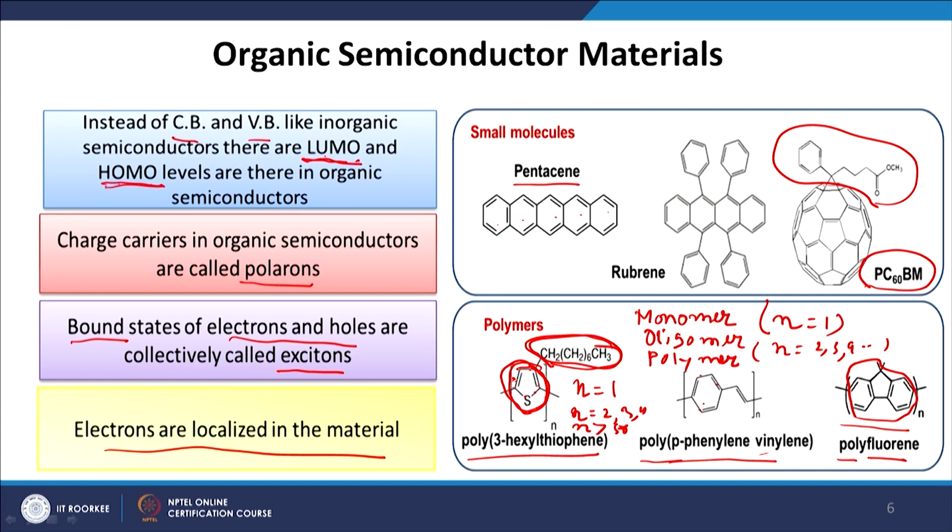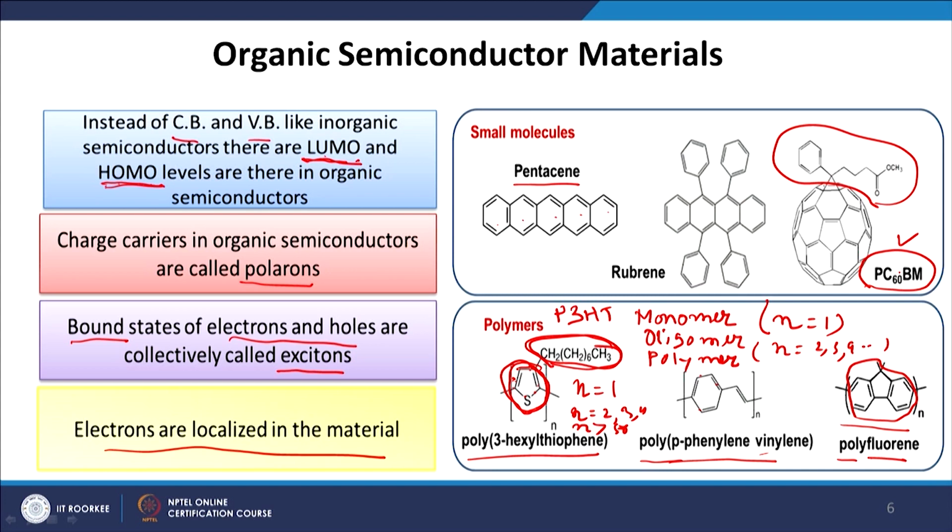Now this compound, poly 3-hexylthiophene, is also abbreviated as P3HT. This compound is very commonly used in fabricating solar cells along with PCBM. This P3HT is used as a donor polymer, whereas this PC60BM is used as an acceptor molecule.